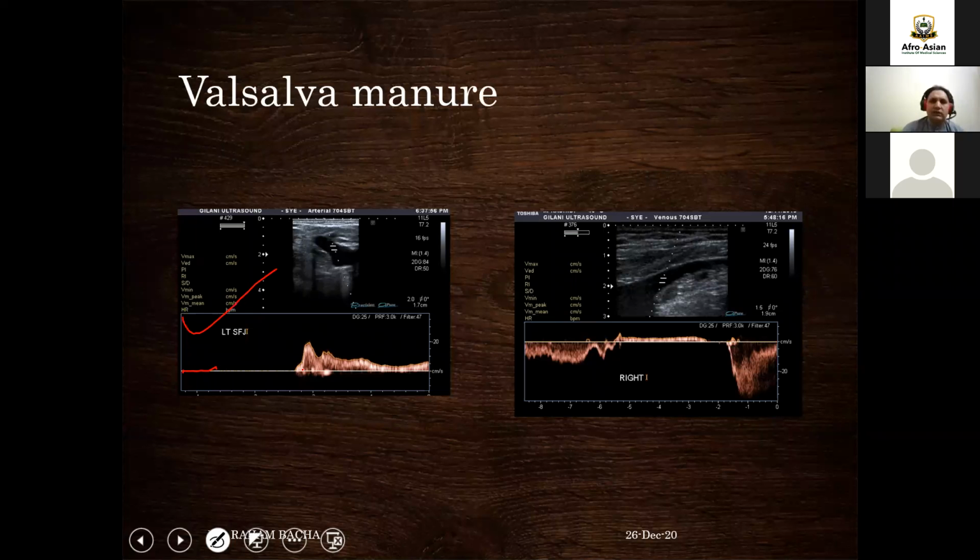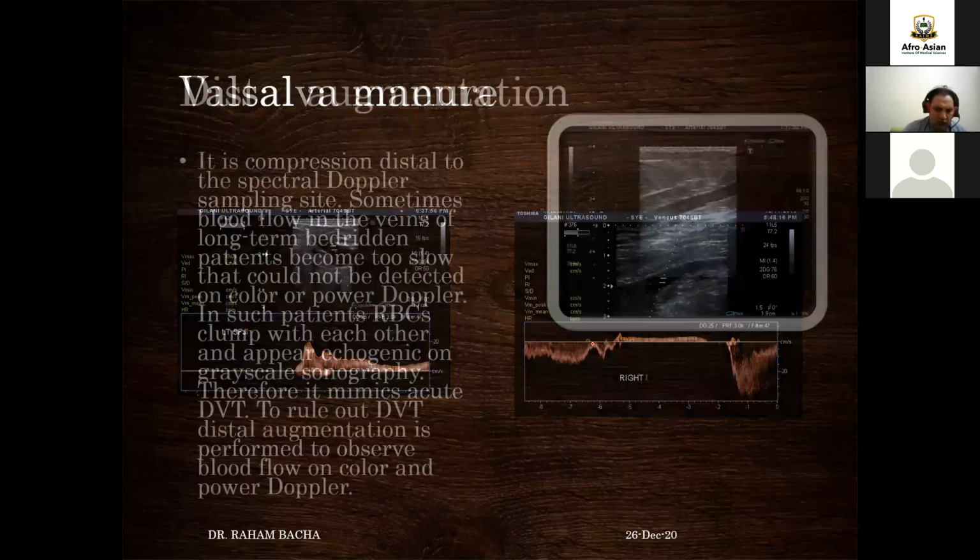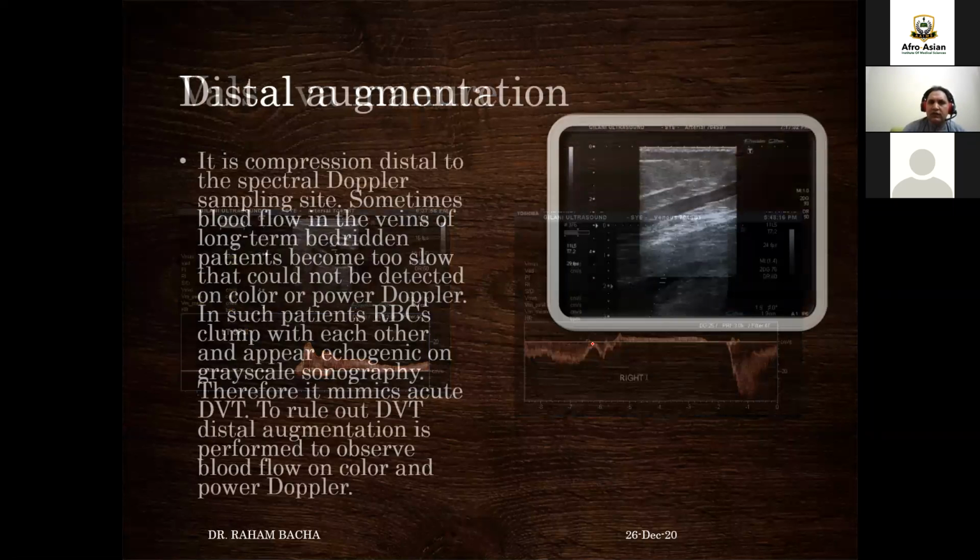So this is competent. There is no reversal during that cessation of blood flow. But in the second example, you can see there is reversal of blood flow during the Valsalva maneuver, and this is an incompetent saphenofemoral junction.